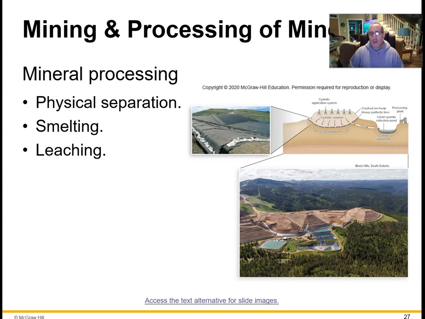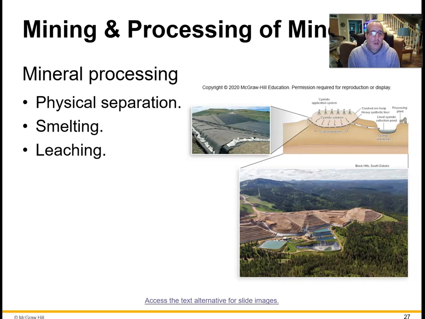So, okay, we've talked about how they get these minerals out of the earth. So what do they do with it once they get it out? Very few minerals that we mine come out in a pure form. Sometimes you might find a vein of gold that's pretty pure, but for the most part, you're not going to find a hunk of any mineral that's just pure.